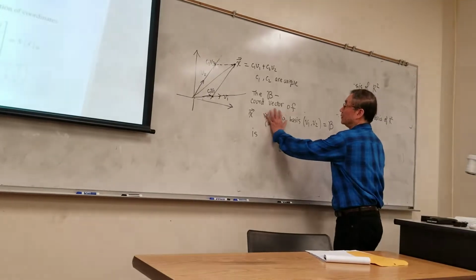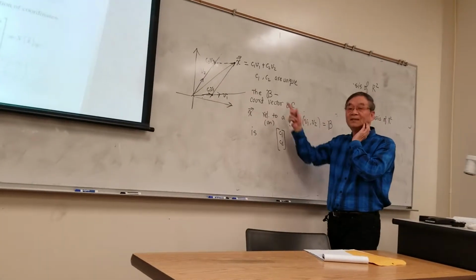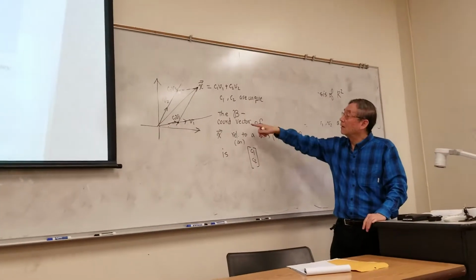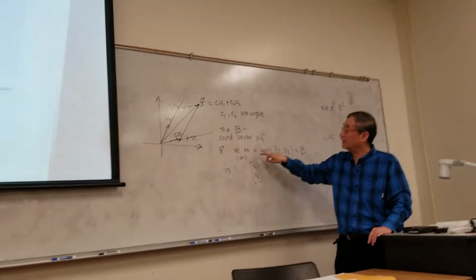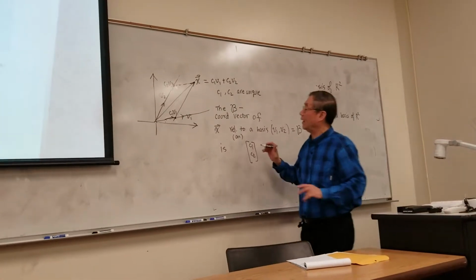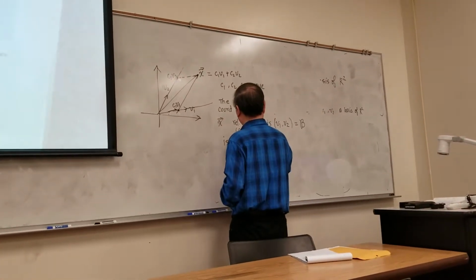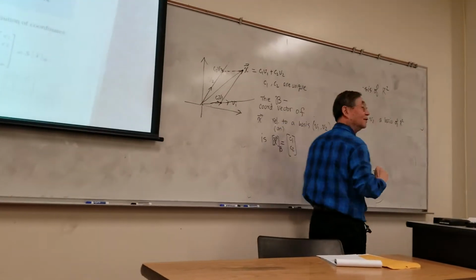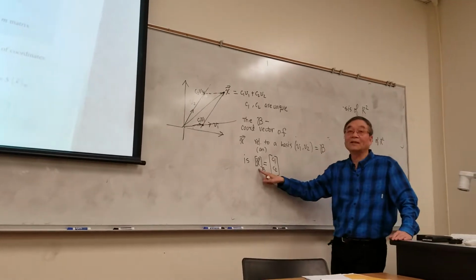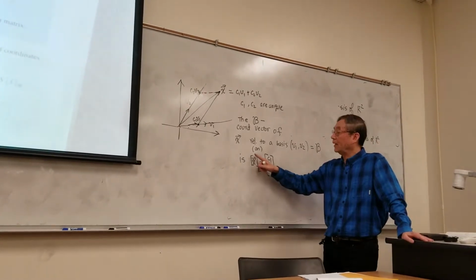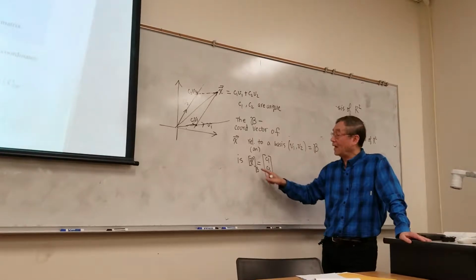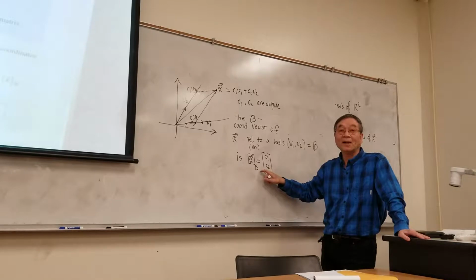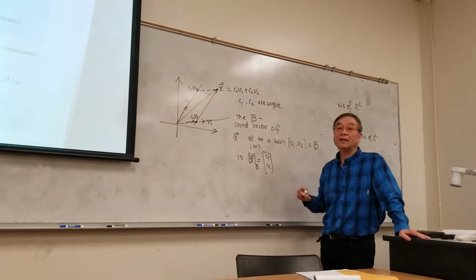So then you don't need this "relative to." That's the meaning. Okay, how about this c1, c2? This is the coordinate vector relative to B. We have a very fancy notation. So look at this one. We use a pair of brackets around the vector x and then put the curly B as the subscript, right?